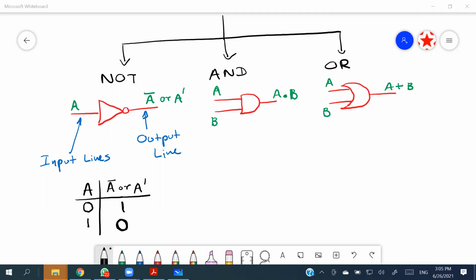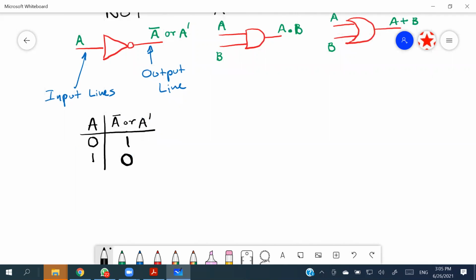So someone can say, once A is given, when it is outputted, it will be A bar, and as well as we can indicate it as A dash. So A bar and A dash mean similar things, right? Got it, Ravindu? Yes, Ravindu, A bar and A dash are the same.